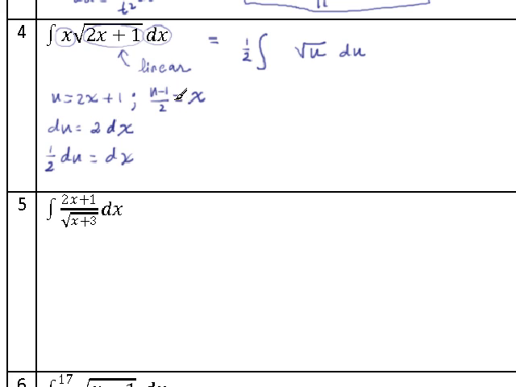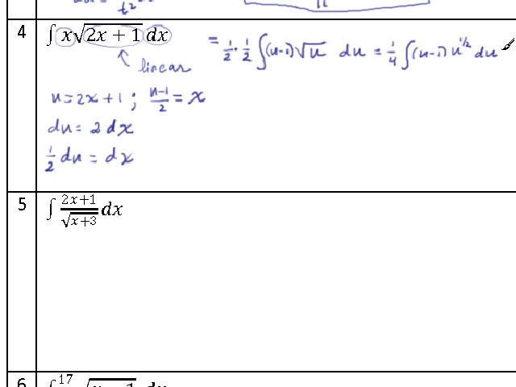Let's take that 1/2 here on the outside. Another 1/2 there, and over here I'll write just u minus 1. Okay, let's just rewrite this. So what we have is 1/4, and here we have u minus 1, and instead of square root of u, I'm going to put u to the 1/2 du.